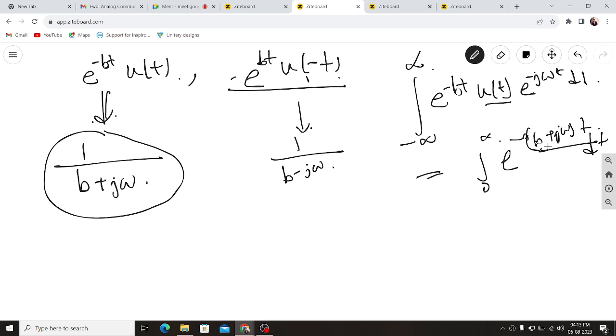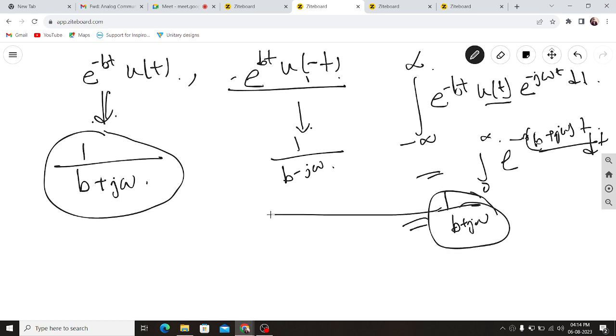If we do this integration, the 1 by b plus j omega term will come out. You can do this derivation at home. So basically this 1 by b plus j omega is here. Similarly, if we do this function, it will give us 1 by b minus j omega.